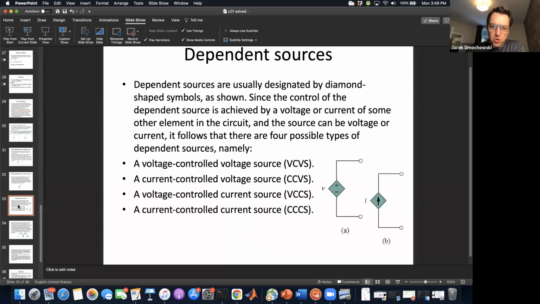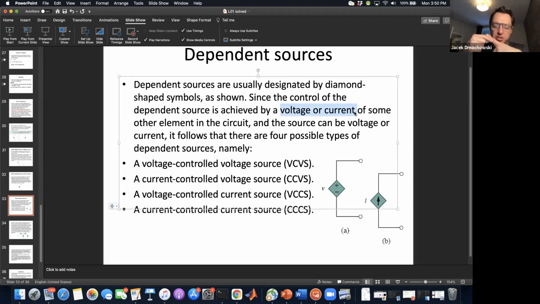Dependent sources are more interesting. They're dynamic in that their values depend on what's happening in another portion of the circuit. And so there are 4 types, right? A dependent source can depend on another voltage or another current, so you have 4 combinations here.